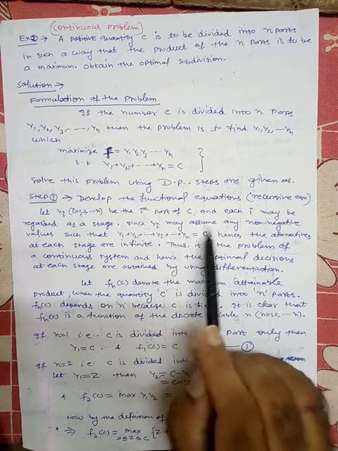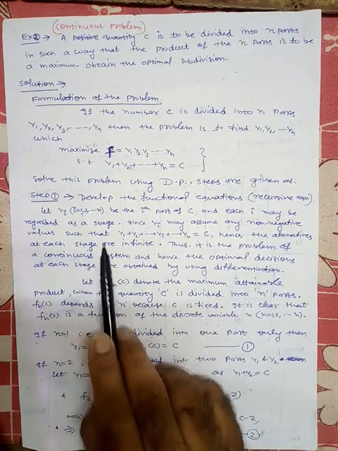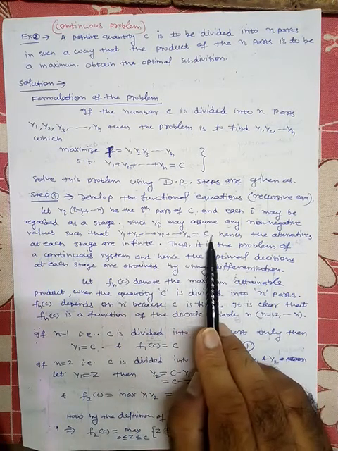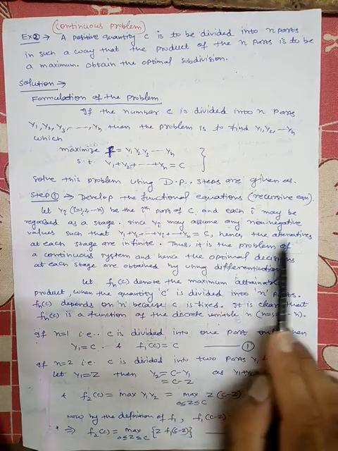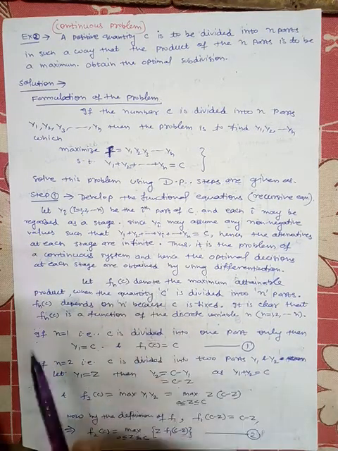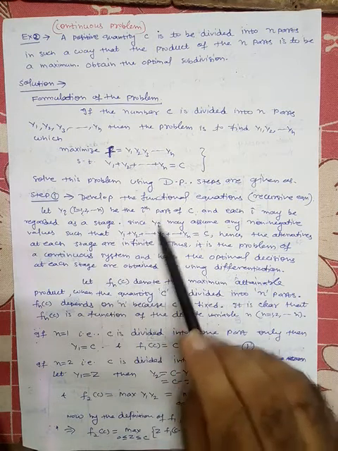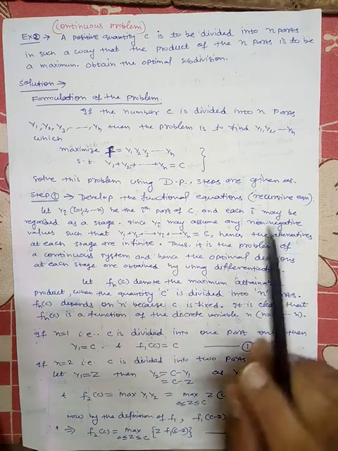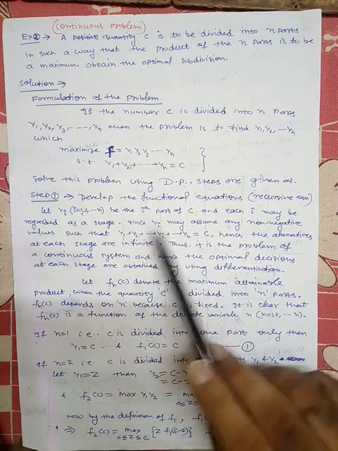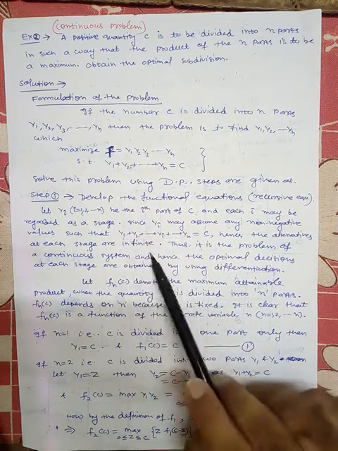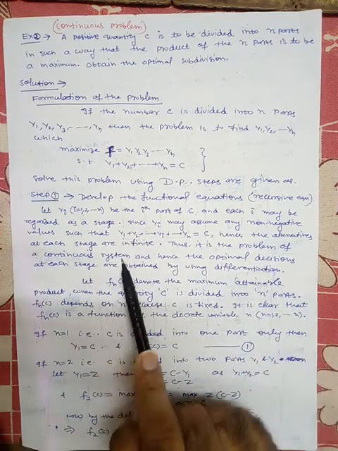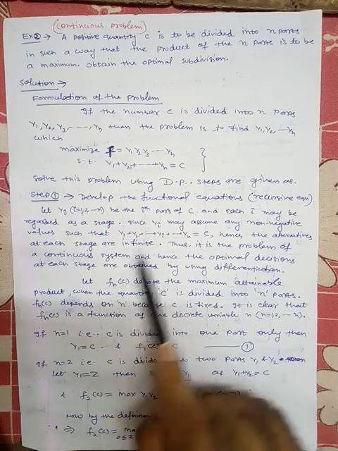Since yi may assume any non-negative value such that y1 plus y2 plus yi plus yn is equal to C, hence the alternatives at each stage are infinite, because yi may assume any non-negative value. So obviously we have infinitely many options, hence the problem has infinitely many solutions. Thus it is the problem of a continuous system, because we have infinite solutions.